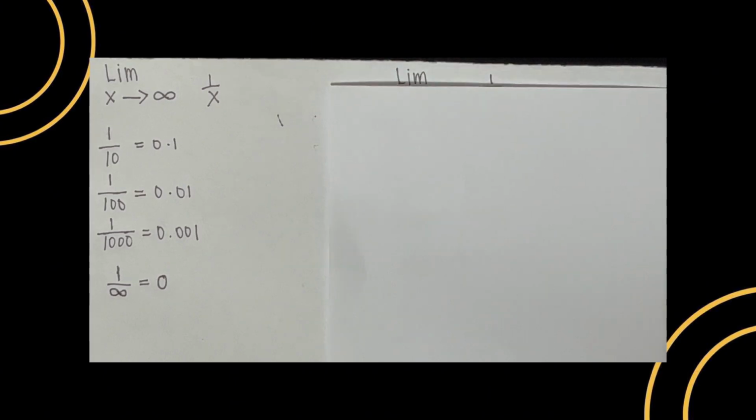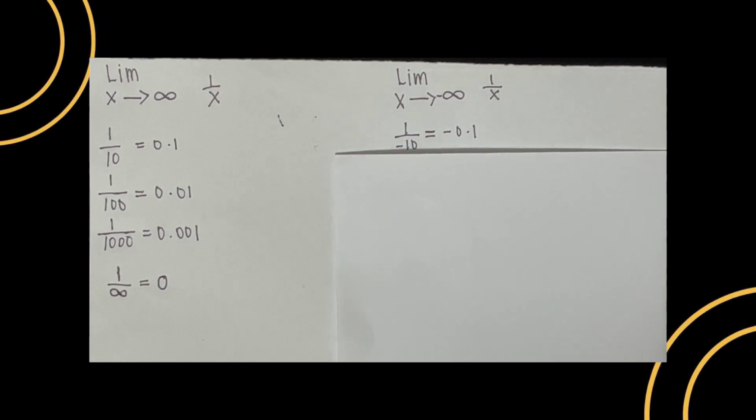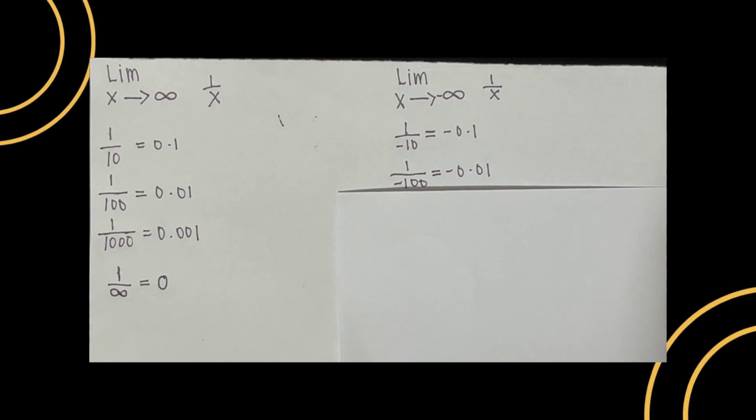Now, what about the limit as x approaches negative infinity of 1 over x? 1 divided by negative infinity will still be 0. If you divide 1 by negative 10, this would be negative 0.1. If you divide 1 by negative 100, you will get negative 0.01.